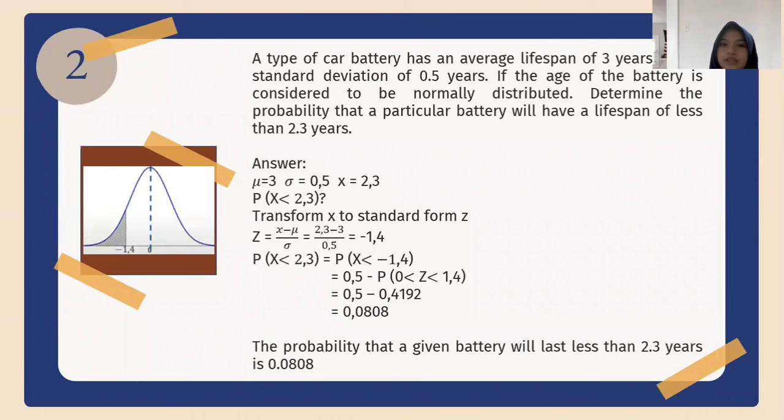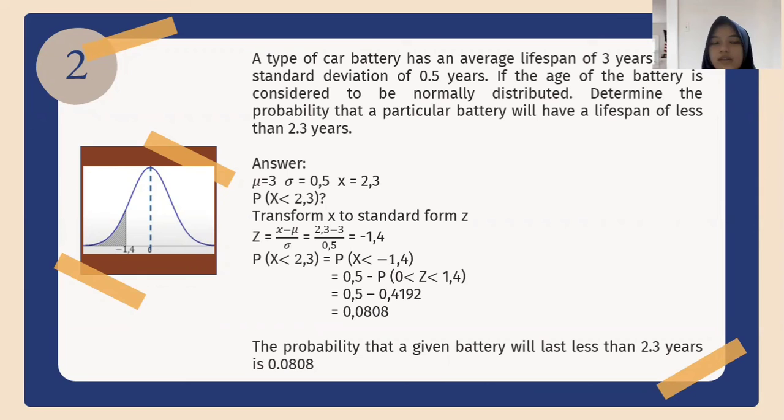The second question is: a type of car battery has an average lifespan of 3 years, with a standard deviation of 0.5 years. If the age of the battery is considered to be normally distributed, determine the probability that a particular battery will have a lifespan of less than 2.3 years.